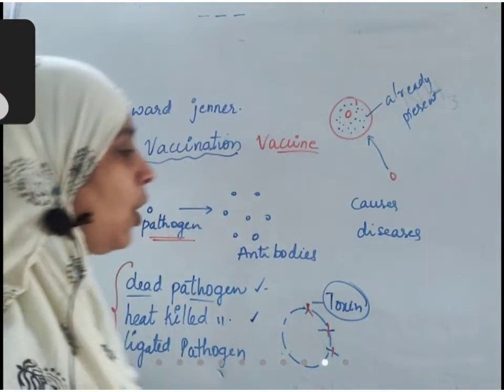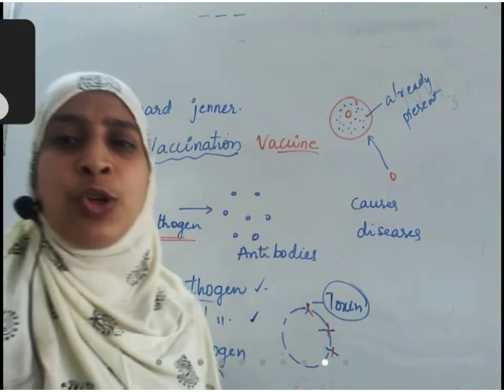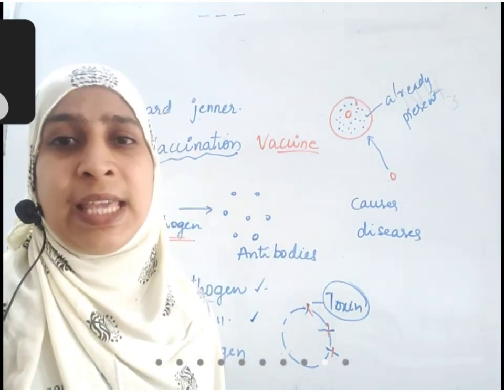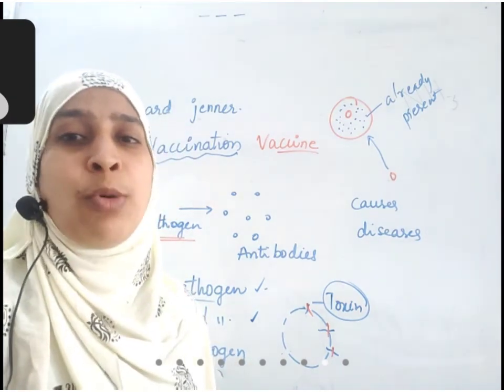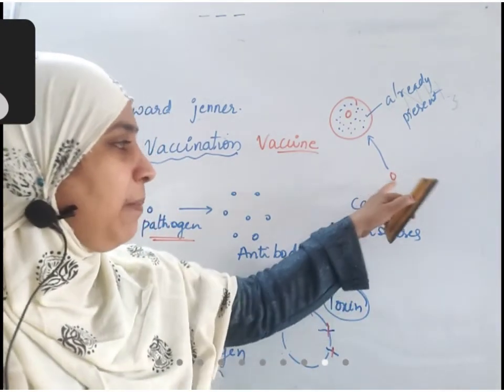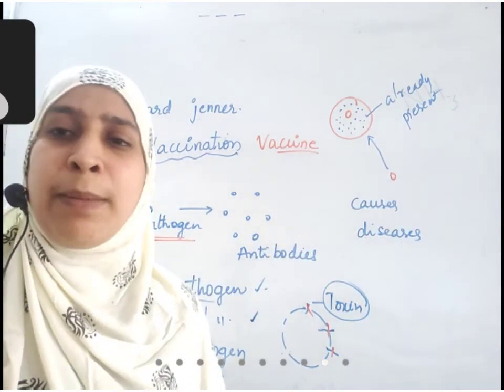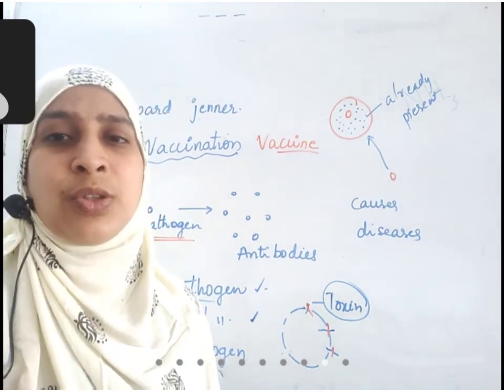Okay, you may have one doubt. Will the antibodies that are produced in our body stay for a lifetime? Yes, they will be present in our body. The antibodies that are produced in our body have memory. So whenever they see the same pathogen again, their number is automatically raised very fast.